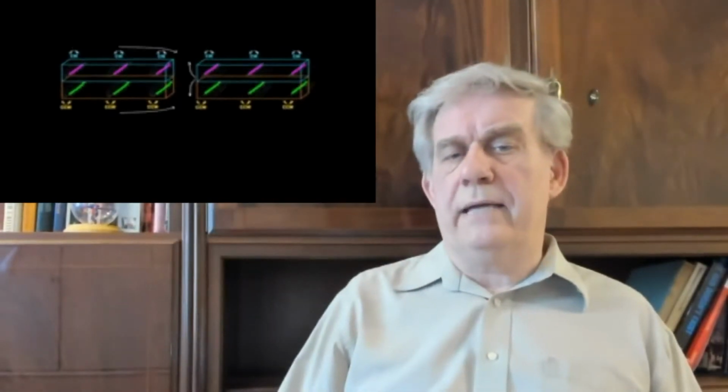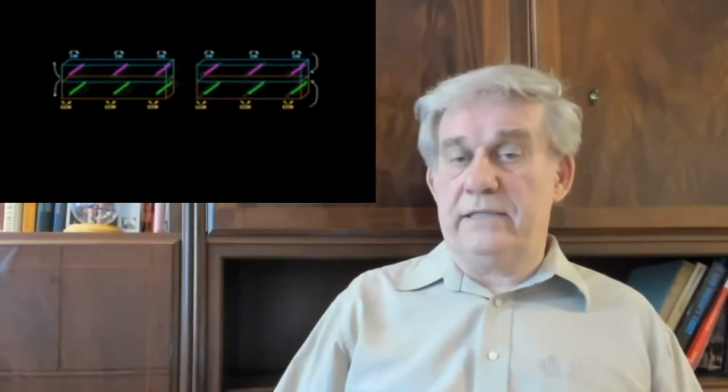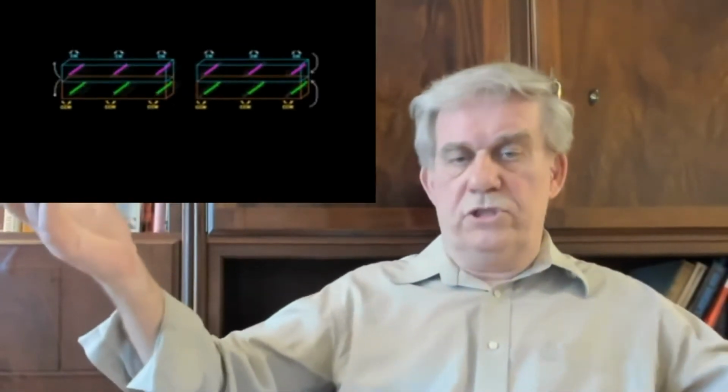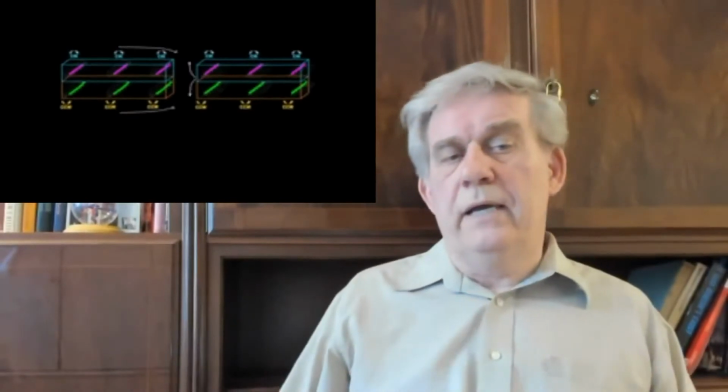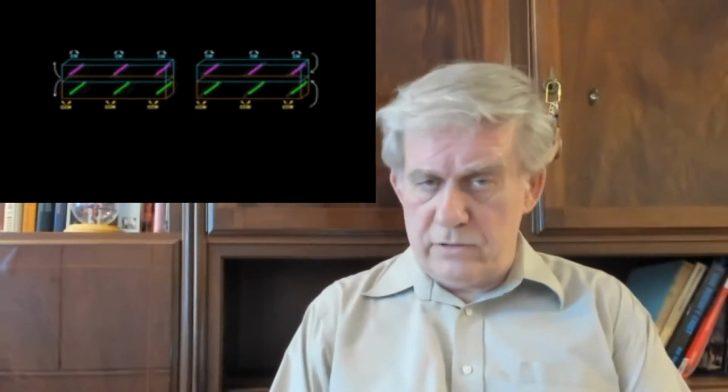We divide the magnet lengthwise. We have a top part and a bottom part. The atoms on the top, in this case, are all the blue curved arrows that you can see. They're twirling clockwise, whereas the bottom ones are twirling counterclockwise.